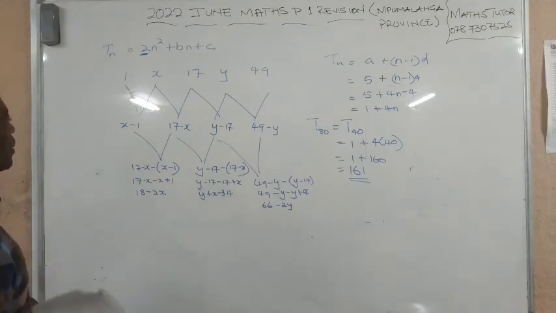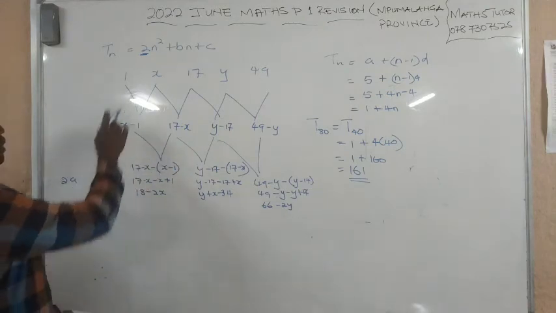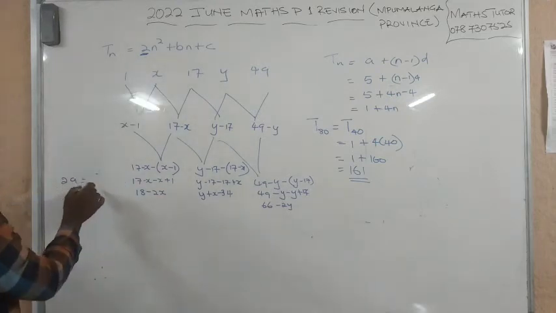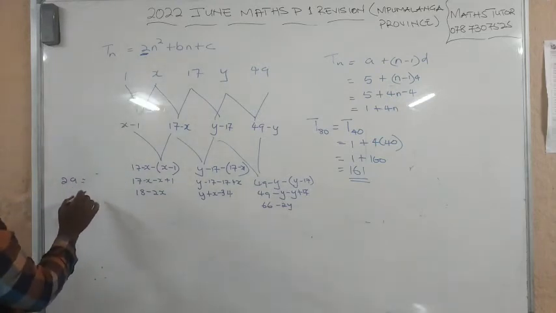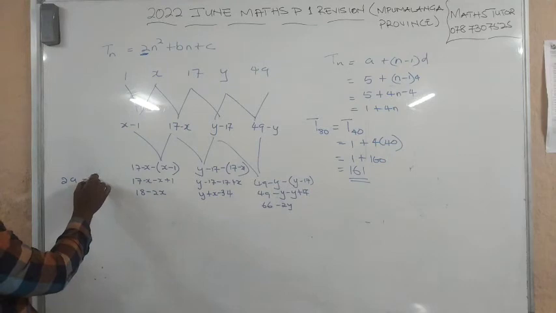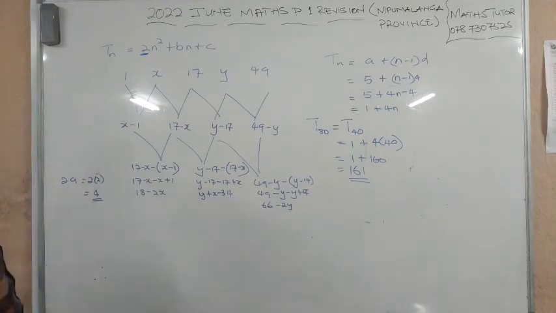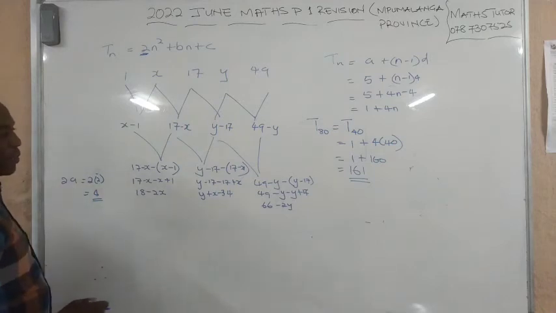So what we know is that the second difference is 2a, and our a is equal to 2. That means this will be 2 by 2, that will give us 4. So the second difference is actually equal to 4.